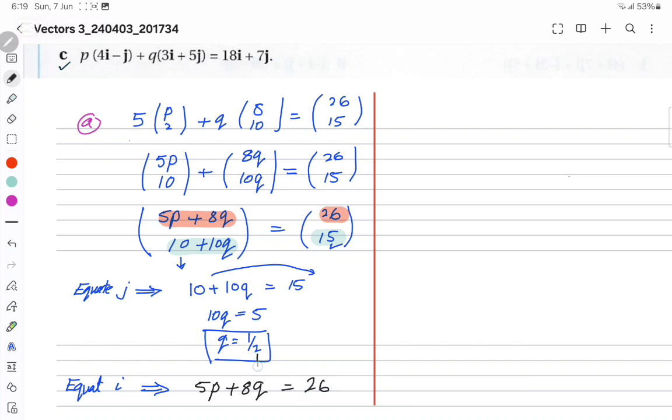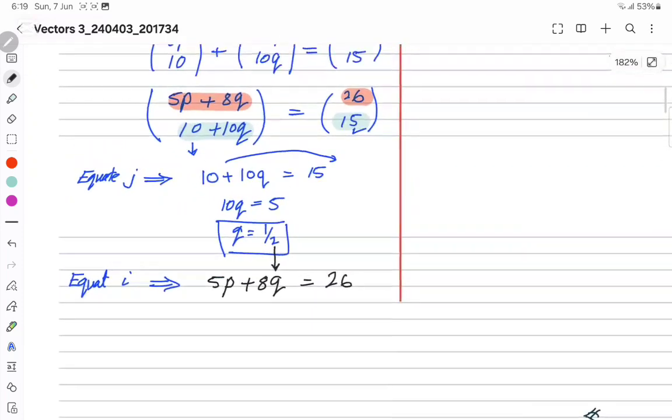But I know the value of Q now, we just substitute. So it will be 5P, where Q equals 1/2 times 8, it will be 4. All of that is equal to 26. Now solve for P, so P is equal to 26 minus 4, 22, all of that divided by 5.